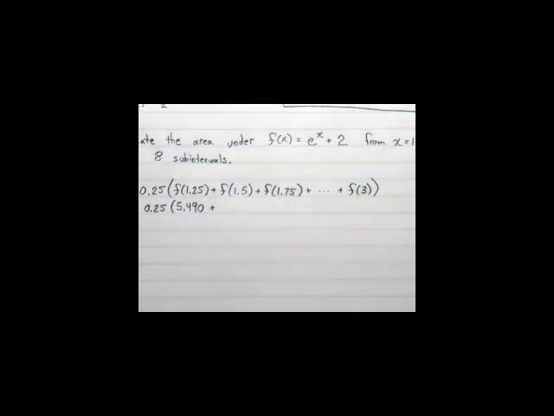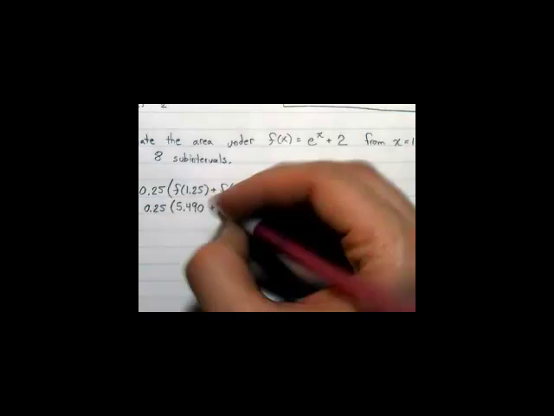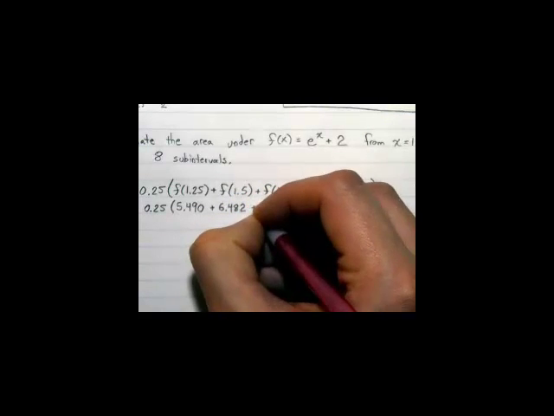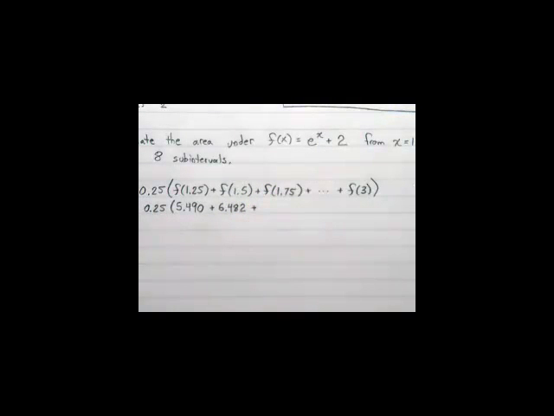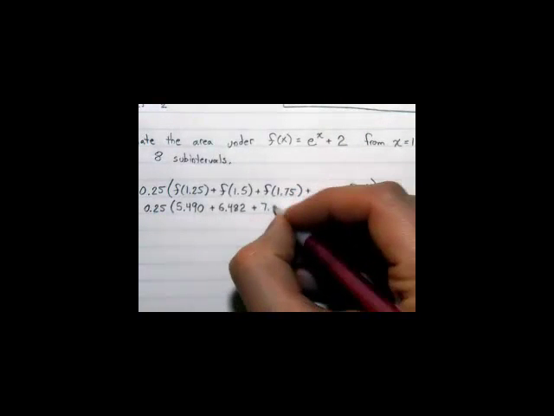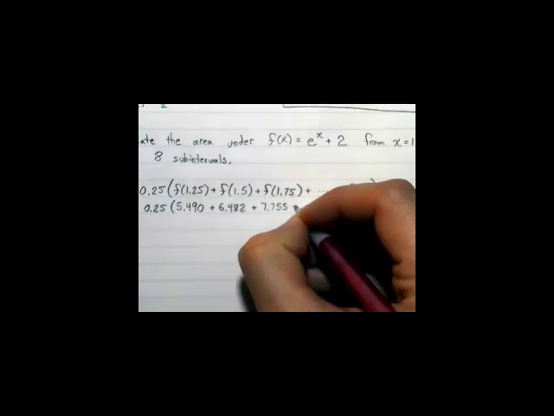So the first one was 4.90. F of 1.5 is going to get me 6.482. And then 1.75 gives 7.755.